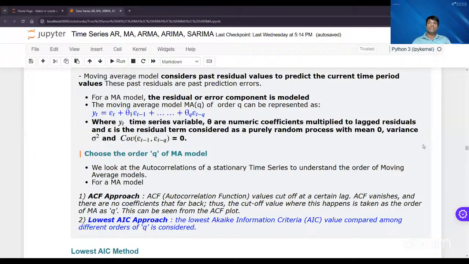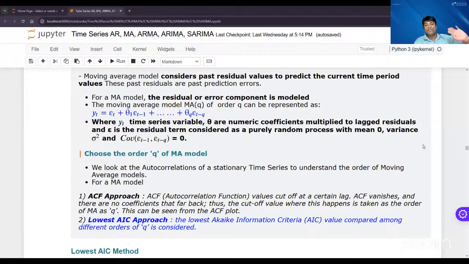I'll come back to short-term memory when we discuss NLP, where there is something called long short-term memory. Here, short-term memory means the memory diminishes, or you can say forgets, after a few lags. It also focuses on stationarity as well.